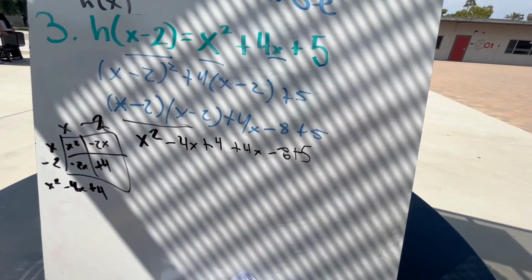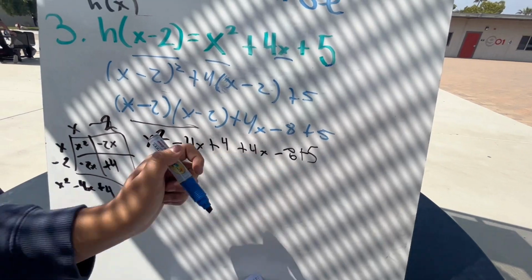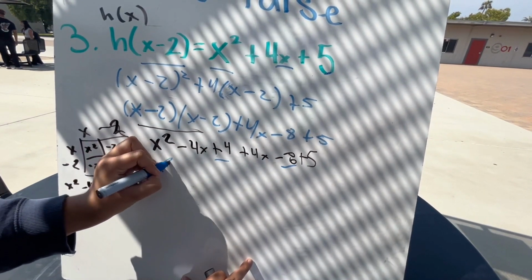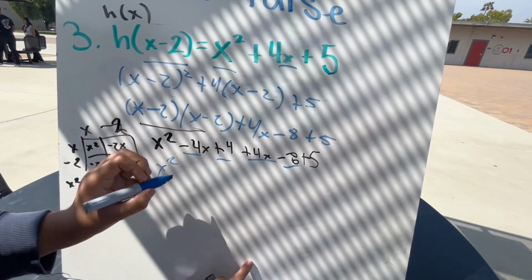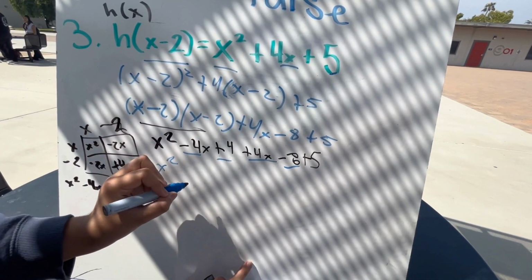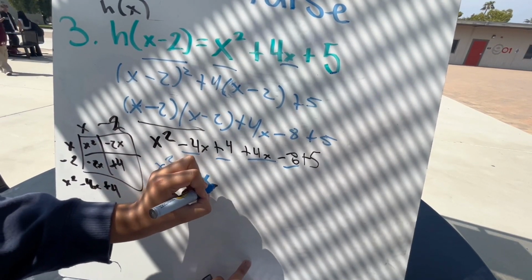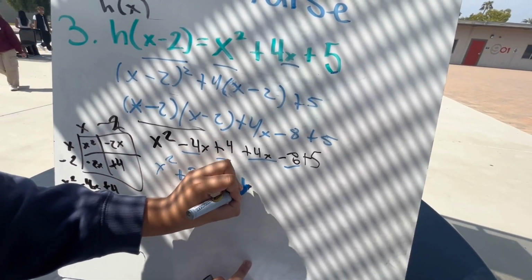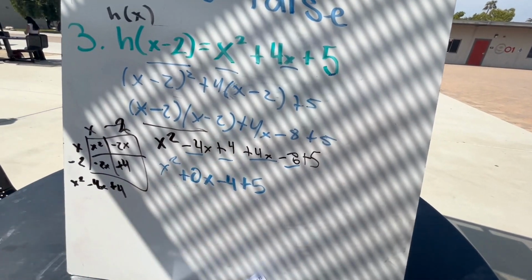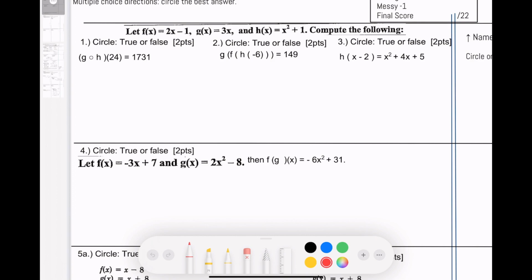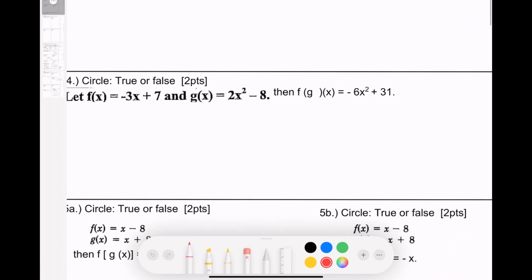And then from there we can just cross out the ones that are similar. So this one and this one, and this one and this one. So this makes it x squared plus 0x minus 4 plus 5. Therefore, it's false.